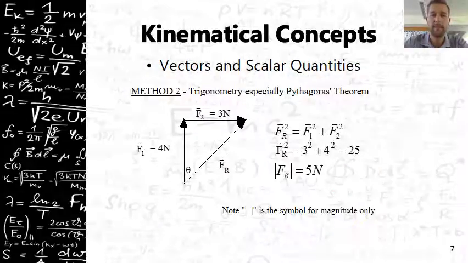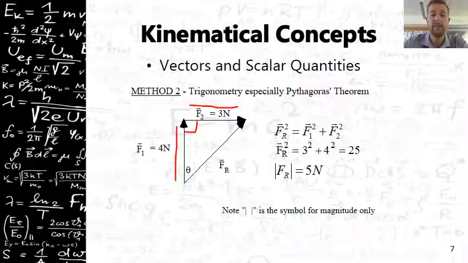Scale diagrams can get a bit complicated and time consuming and might not always provide the best accuracy of measurement. So another way we can do it is mathematically, using Pythagoras' theorem and trigonometry. Looking at the same example, we have a vector 4 newtons north, another one 3 newtons east, and we can see that because they're independent, meaning there's a right angle, we can use trigonometry and Pythagoras.